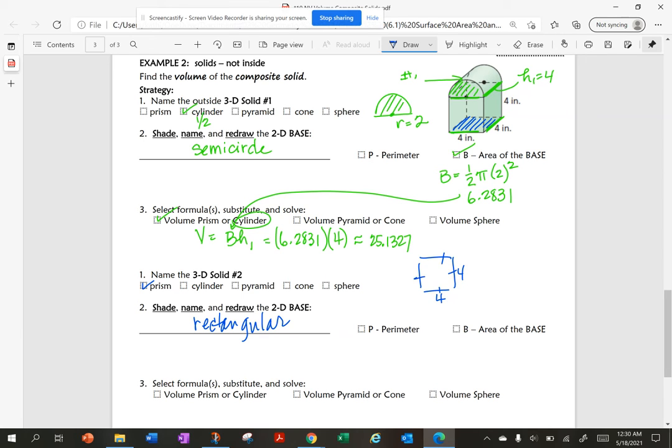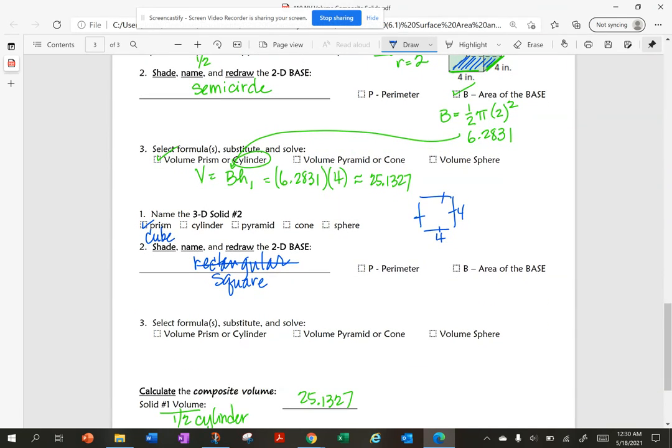Since my sides are equal, a square is more precise. So I'm going to call it a square prism, which is really a cube. I'm sorry, this is a cube. It's a prism, so volume equals area of the base times the height of the prism.